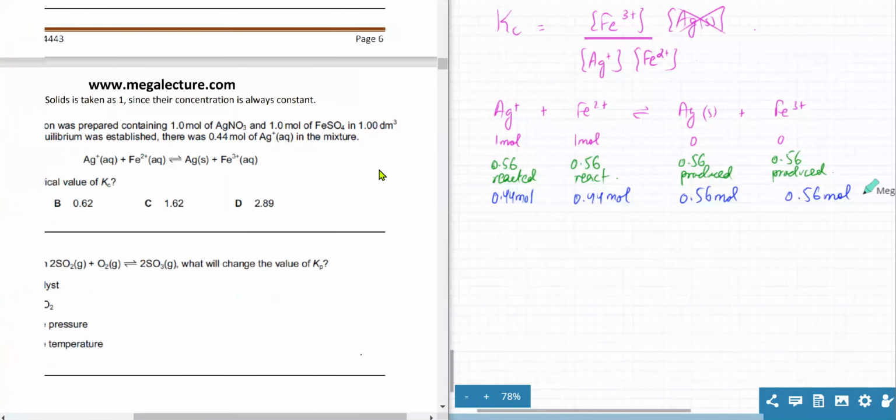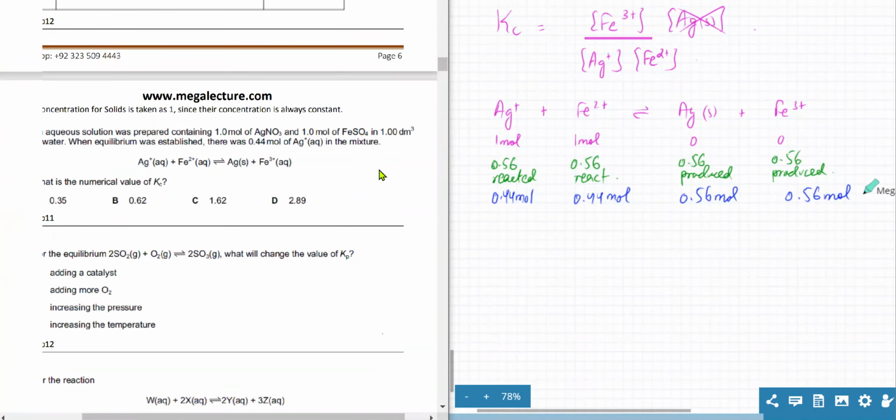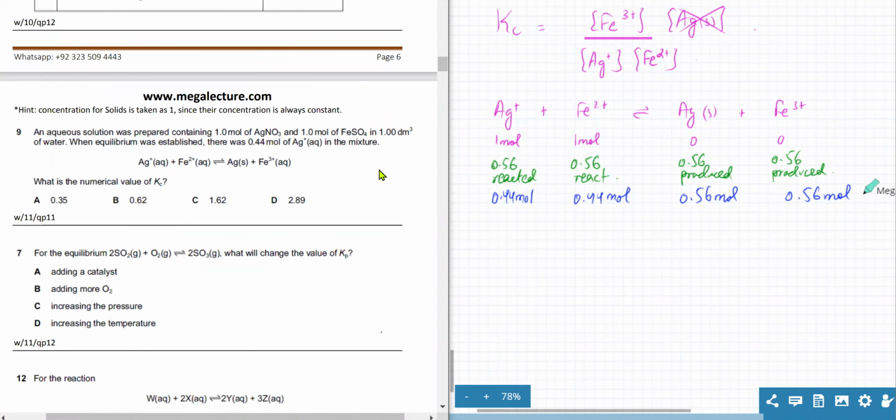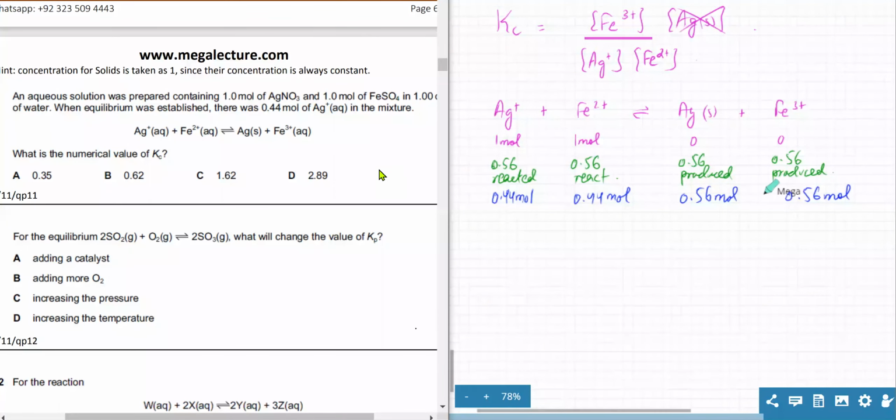So don't simply put moles into the expression. It's always concentration. To convert this into concentration, you would divide by 1 dm cube, which basically gives you the same value.